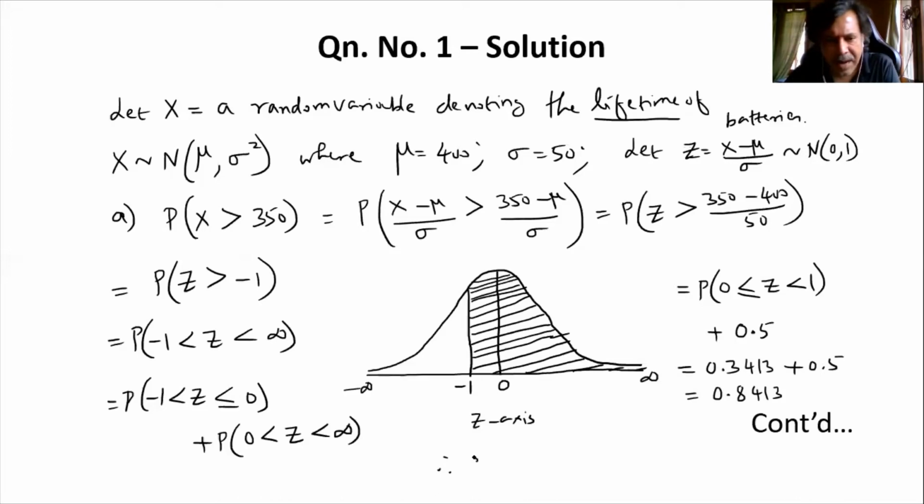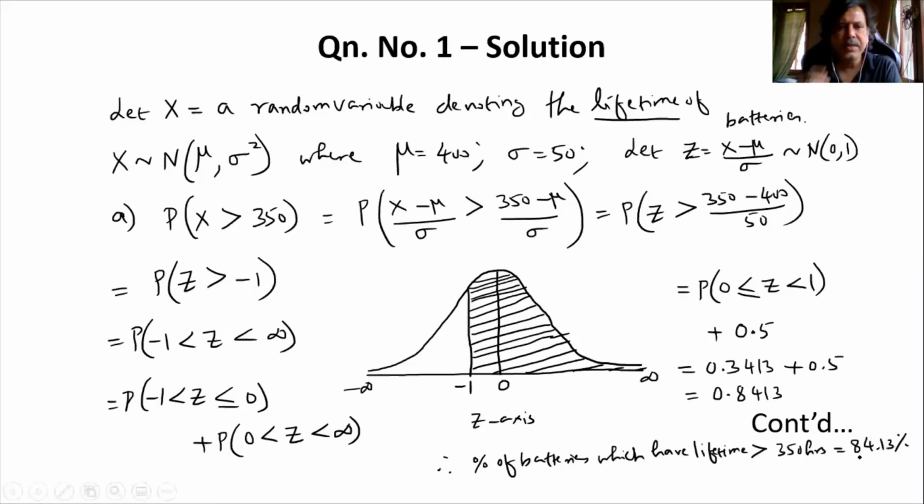The percentage of batteries which have a lifetime greater than 350 hours. I will just multiply this by 100, so I will have 84.13%. That is the first part of this particular question.